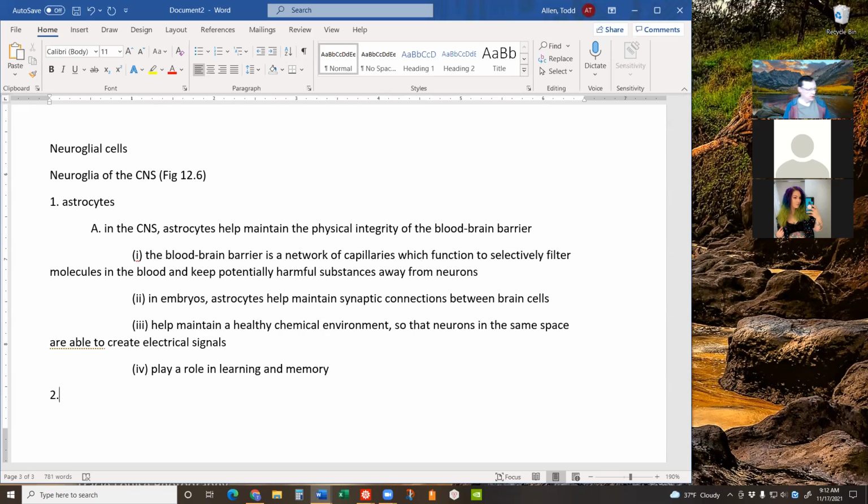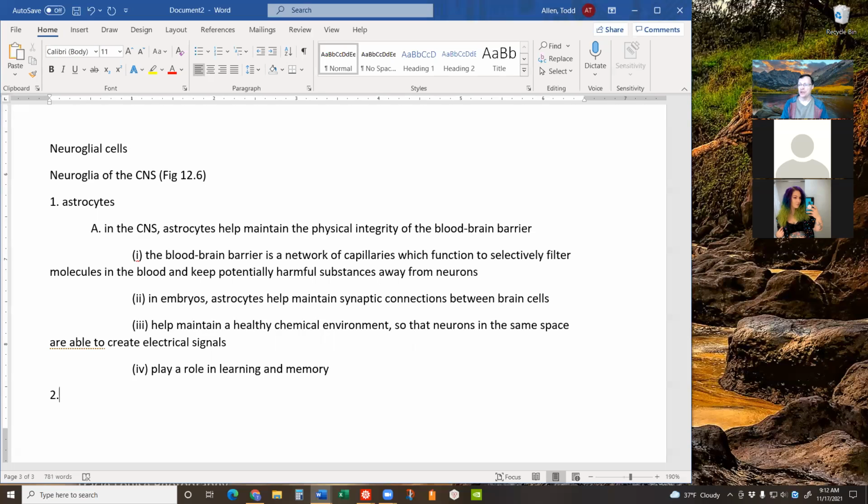Okay. Next, in figure 12.6, we have oligodendrocytes. Oligodendrocytes are the type of cell that forms the myelin sheath around central nervous system axons. You might have heard in other aspects of your life that the peripheral nervous system has the myelin sheath, and that's true.